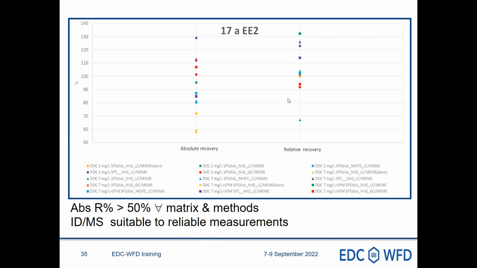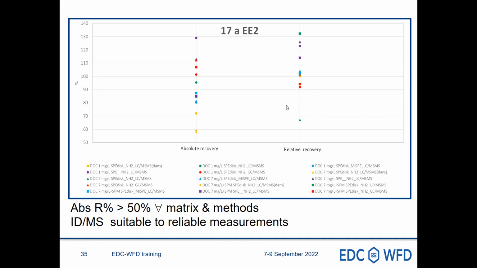The dispersion of the results is, I would say, greater. The evidence of the importance of the isotope dilution is perhaps less evident, but let me tell you that it is nevertheless really critical, and we assume that the dispersion is also linked to the level of the concentration where we are tackling.